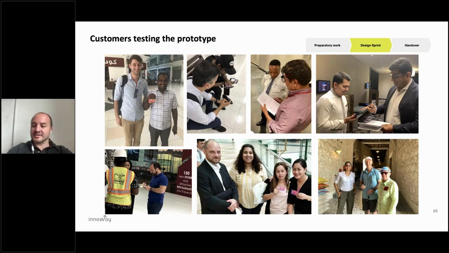A couple of notes and suggestions. Whenever you do this type of tests, first make sure that you're identifying the customer that you're looking for. Secondly, make sure that you ask them for permission. Sometimes people are in a rush, so make sure that you cover that.